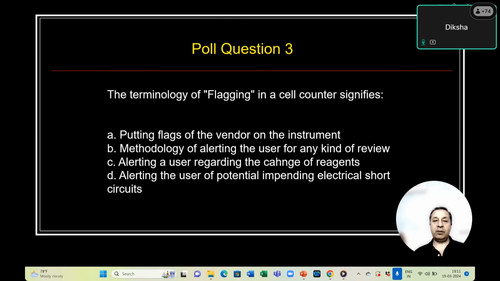Does it mean putting the flags to the vendor on the instrument? Does it mean that it's a methodology of alerting the user for any kind of a review, or alerting a user regarding the change of the reagents, or alerting the user of potential impending electrical short circuits? The answer is methodology of alerting the user for any kind of a review.